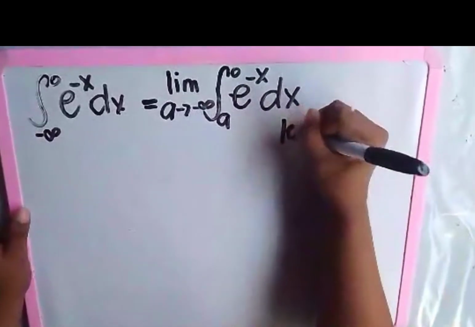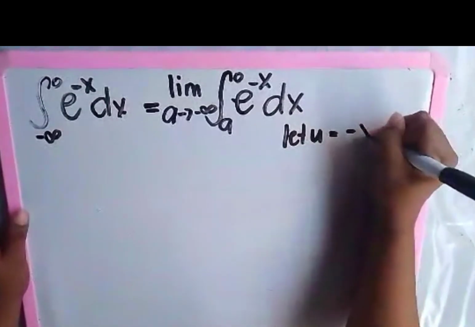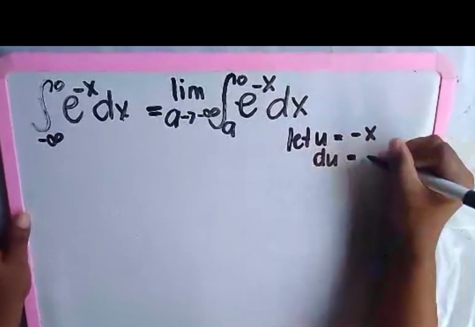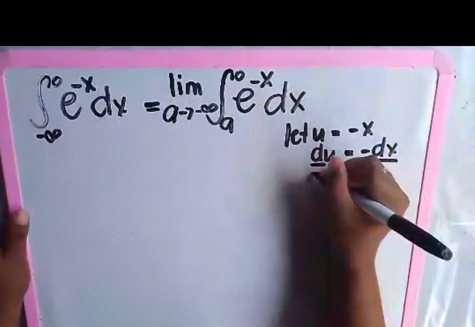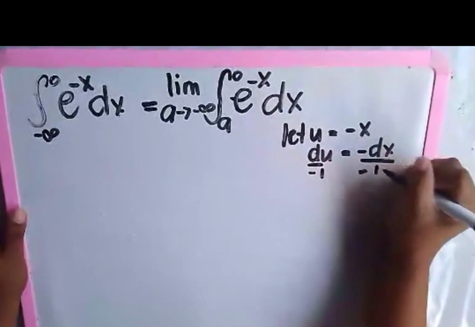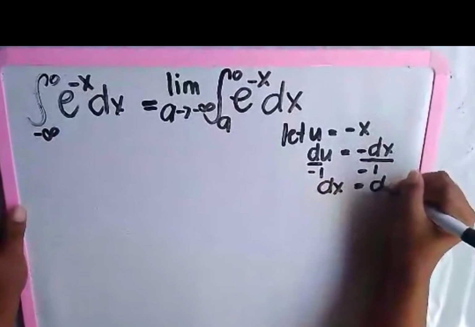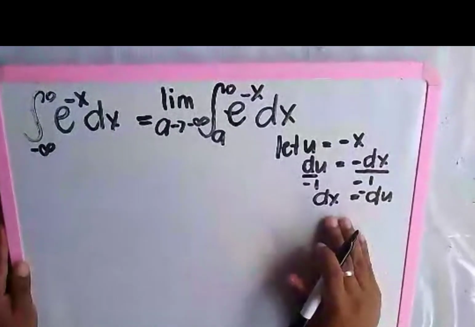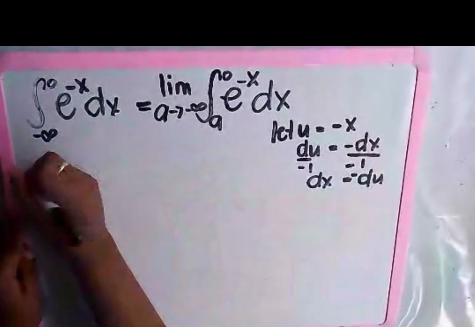Let u is equal to negative x and du is equal to negative dx. Divide both sides by negative 1 to cancel the negative. So, dx is equal to negative du. And then, substitute it to the given function.